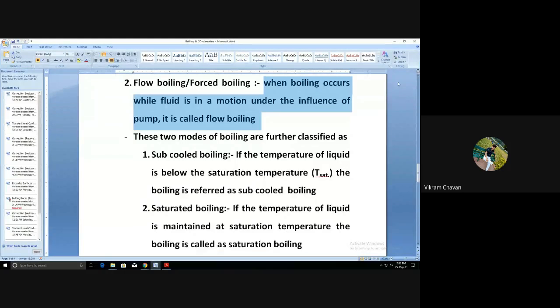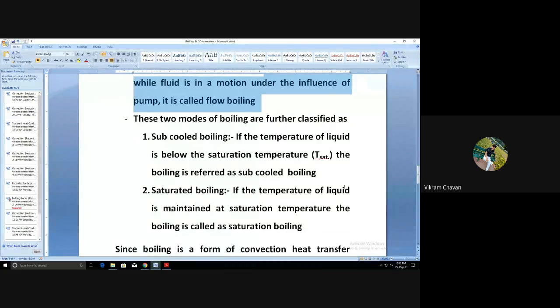Full stop. Next point. These two modes of boiling are further classified as, first one, subcooled boiling.